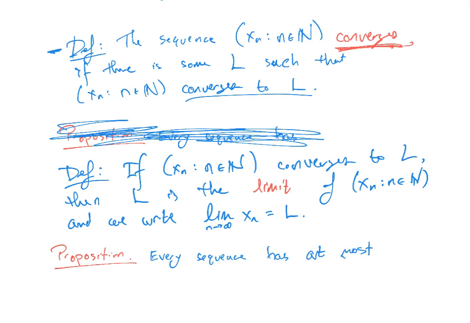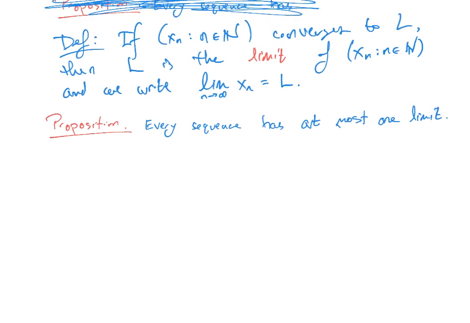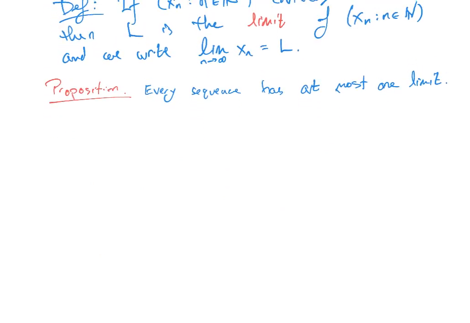Now, for our result that we're actually going to prove here in the next 10 minutes, every sequence has at most one limit. They don't all have limits, but nobody can have two. Let's draw a picture so we can figure out how to prove this.